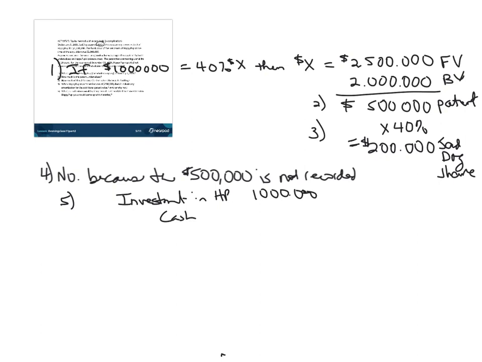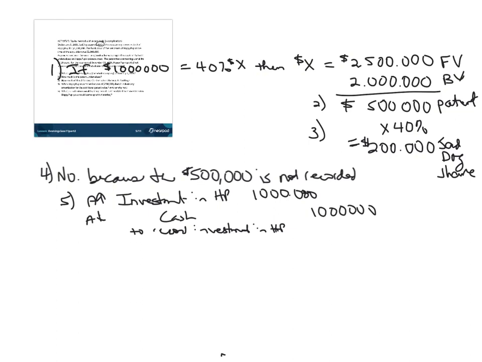Cash goes down by $1 million. That's to record the investment. That's one entry. I think I'm going for 4 entries total.